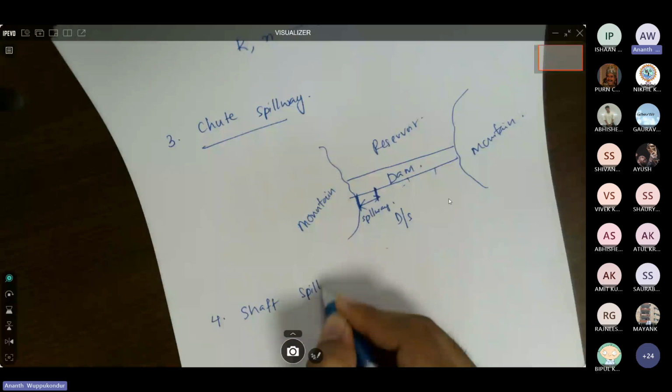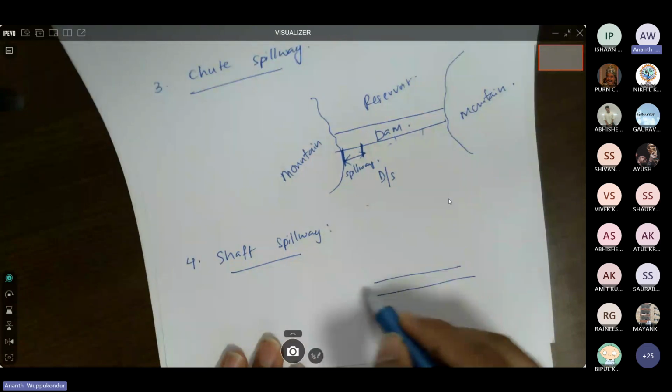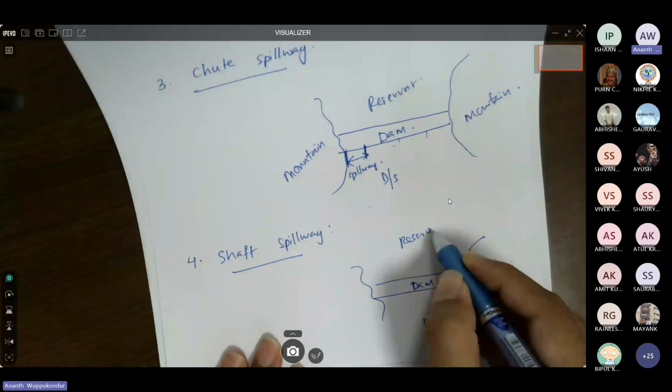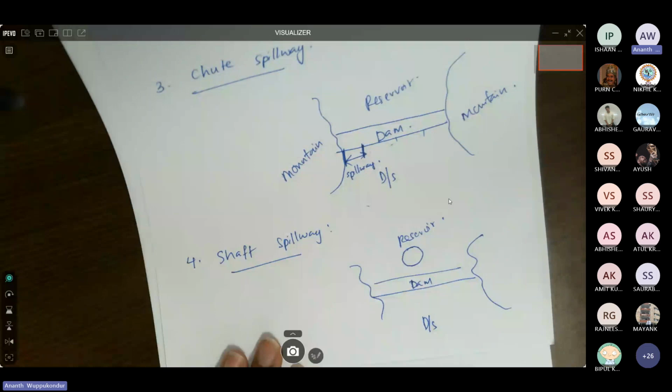So let's say again, I have a dam which is bound by mountain on both sides. And then this is the downstream, and this is the reservoir. Now, you provide a shaft here. So the water from the reservoir is going to drain through this shaft.